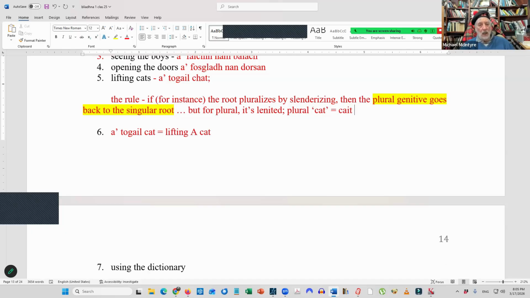And so if you have a word like this that pluralizes by slenderizing, then you have to go back to the singular. And that's for both the indefinite and the definite.